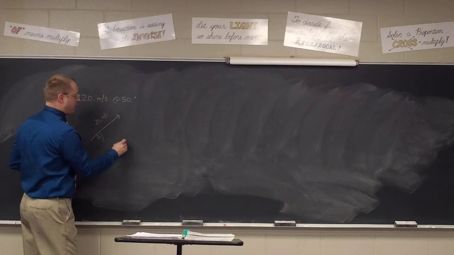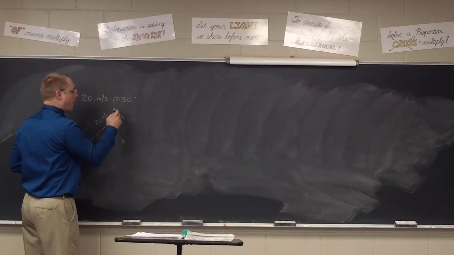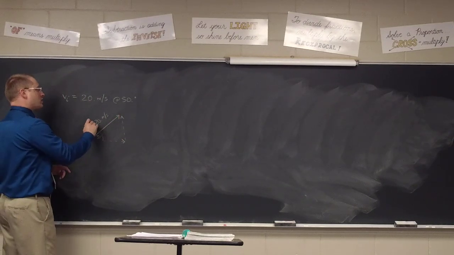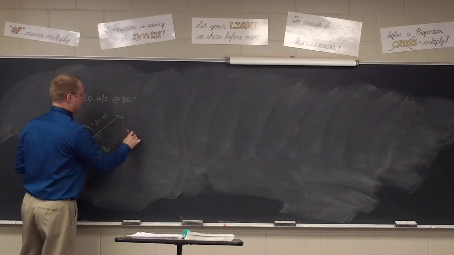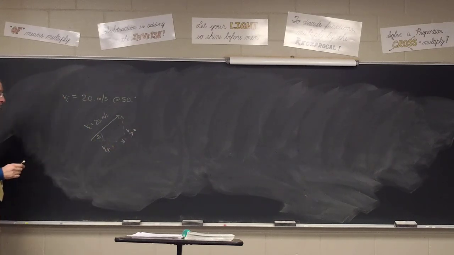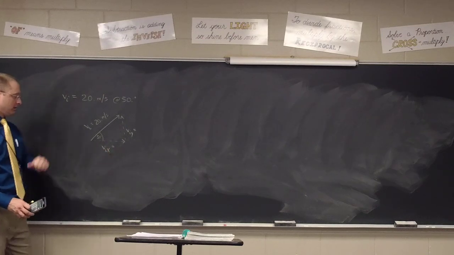She hits it forward and she hits it upward. The question is, how much of the initial velocity goes forward in the x, and how much of the initial velocity is upward in the y? For this, we need to use a couple of trig ratios, sine and cosine.